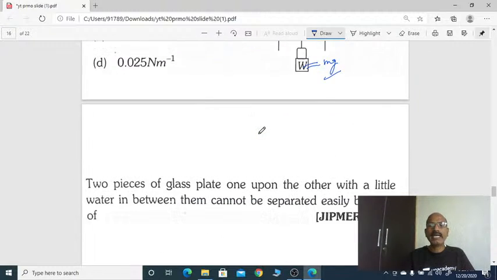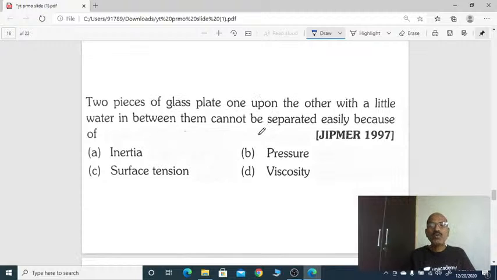Let us go for the next one. Two pieces of glass plate, one upon the other, with a little water in between them, cannot be separated easily because of what? Assume two glass plates with some water drop in between.